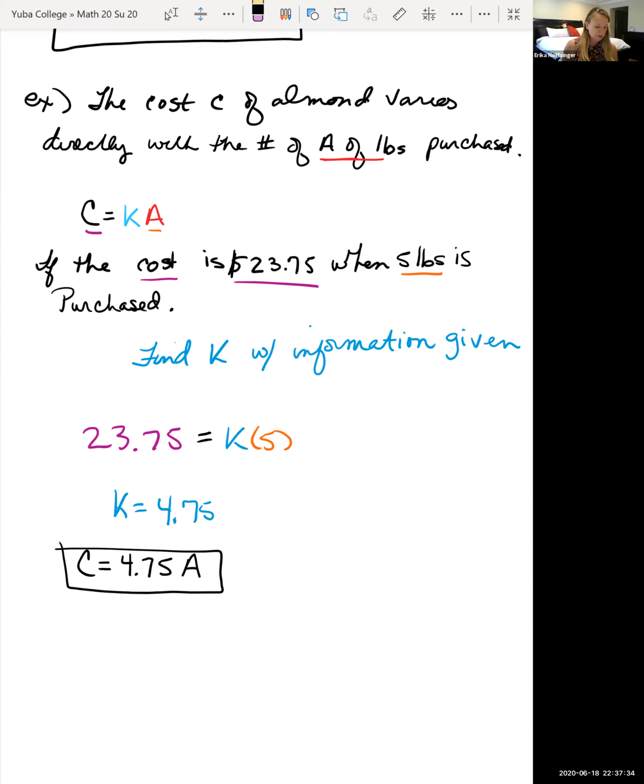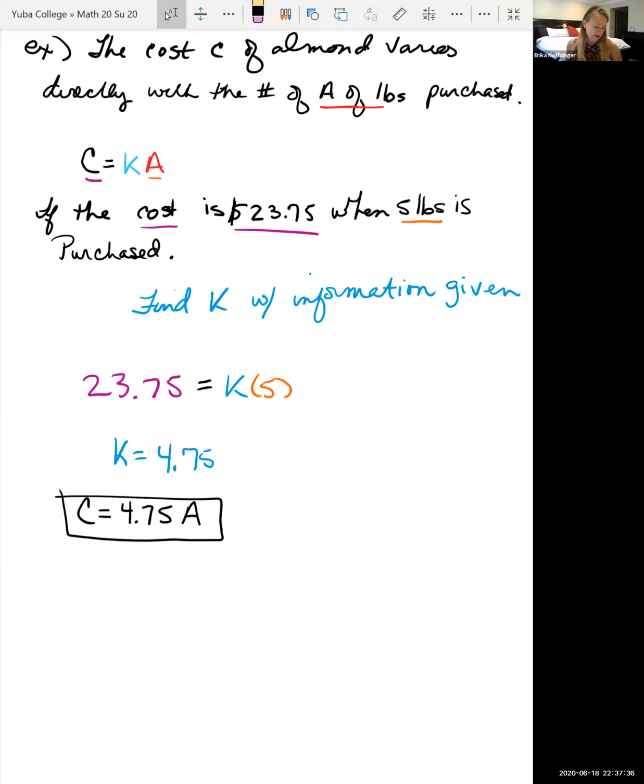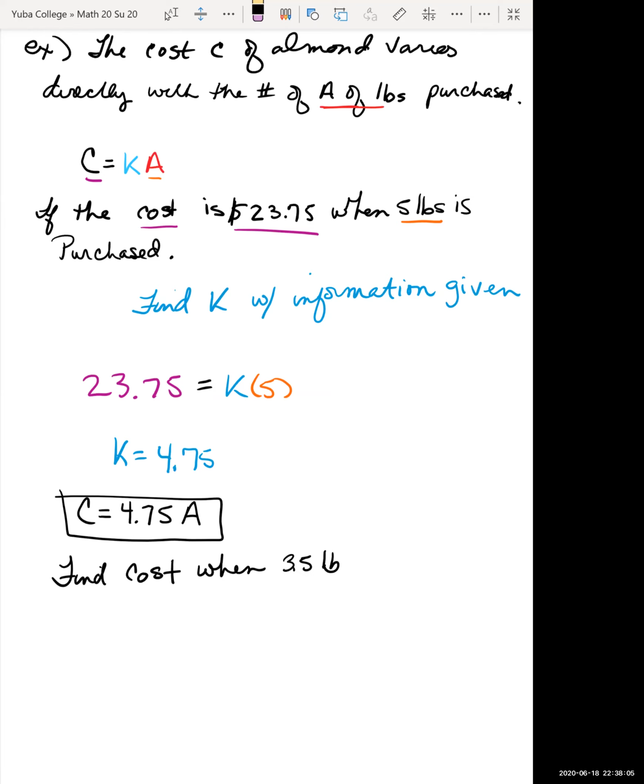And so now the next part of the question we can answer, and we could have answered anything they asked us. And it says, then find the cost C when the number of pounds of almonds is 3.5 pounds. Did you say 3.5 pounds? Yeah, so 3.5 pounds purchased.